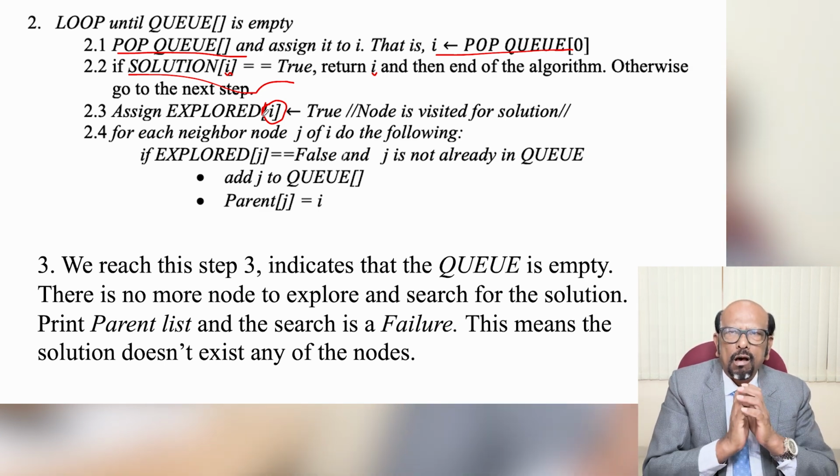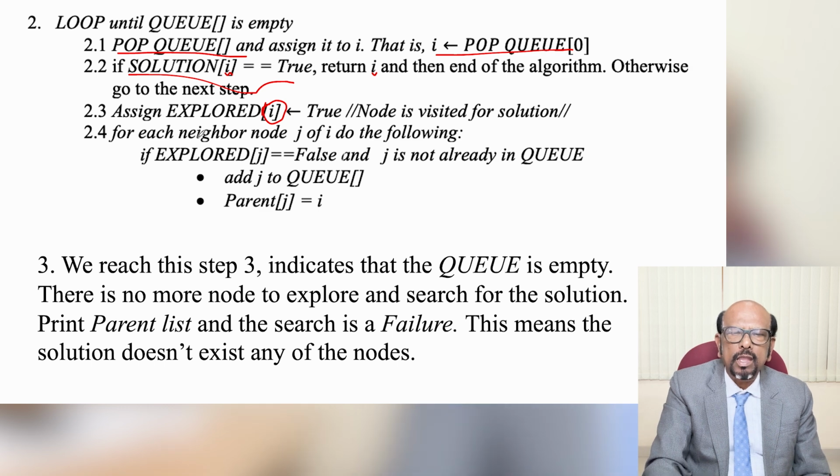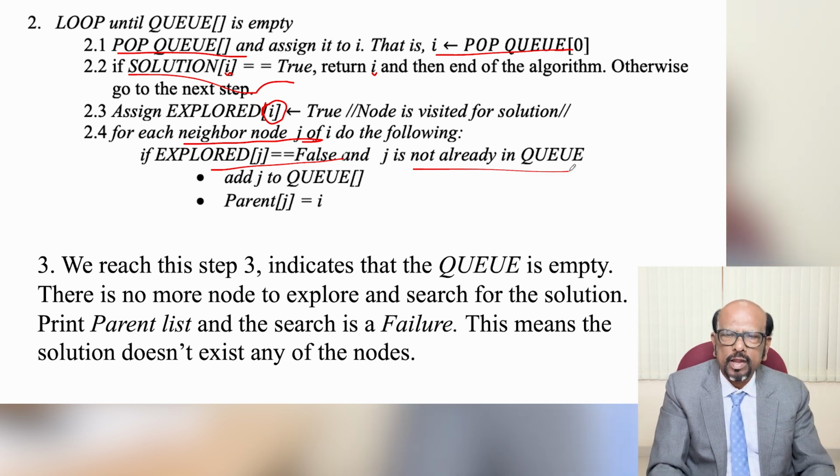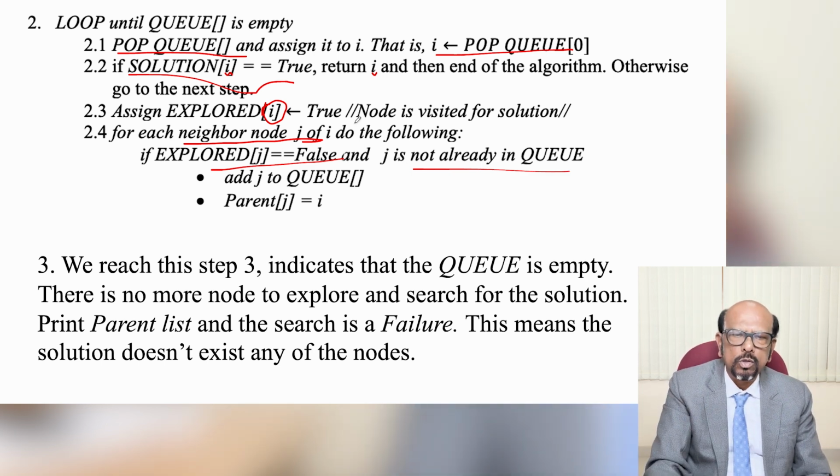Then look at all the neighbors of I. Each neighbor node J, verify 2 things. Number 1, it should not have been explored. Number 2, it should not be in the queue. If those 2 conditions are satisfied, add it to the queue. Then you repeat. Then you check whether the queue is not empty.